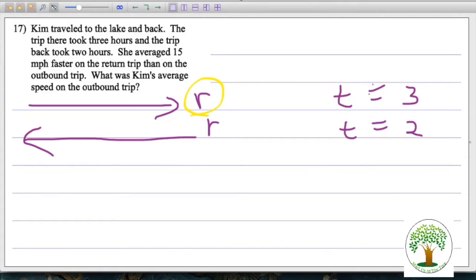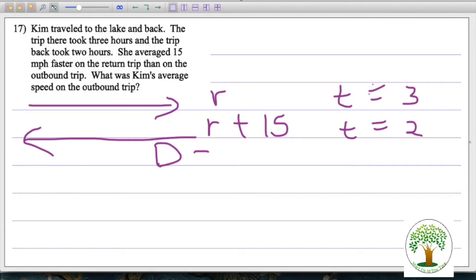Actually, I said that wrong. She was faster on the return trip, so she's 15 miles an hour faster. So we're going to keep this outbound as R because we're looking for that at the end and we want that one to be our answer. And we know that she was 15 miles an hour faster on the return trip, so we're going to make that one R plus 15.